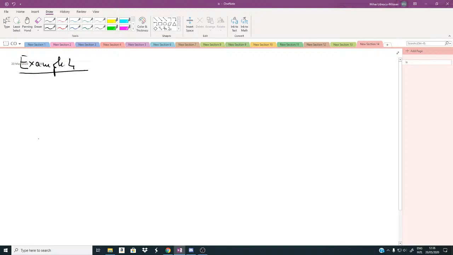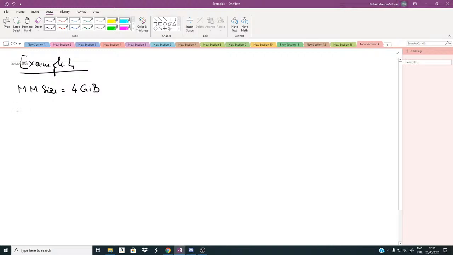So we consider a computer system where the main memory size would be 4 gigabytes. Okay, that's the size of the main memory.